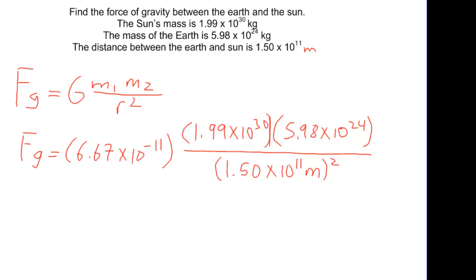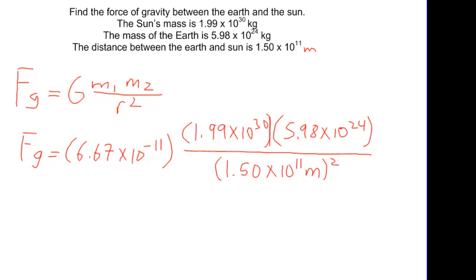So we're going to multiply 6.67 times 10 to the negative 11th times 1.99 times 10 to the 30th times 5.98 times 10 to the 24th.